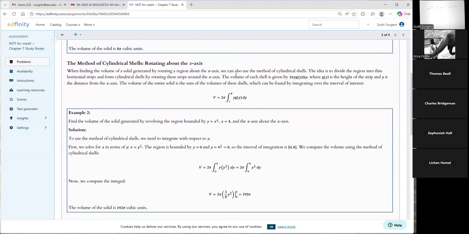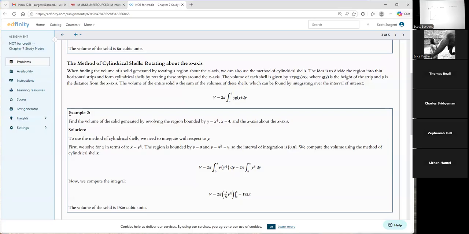So I've got example two up. Is this the one you were asking about? Yeah. Okay. So between that one and the other one, I know why the 4 minus x is there. So I'm going to draw the picture. y equals x to the 3 halves is a curve that looks like this.